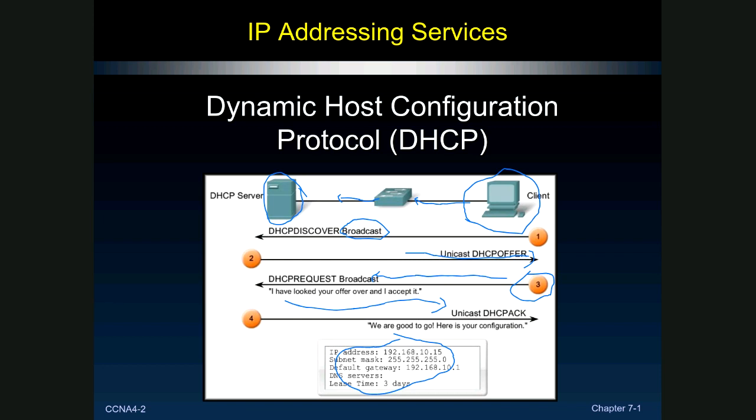He knows who his default gateway is, so he can relay messages to other networks. He knows who his DNS server is, so he can look up web addresses and translate them to IP addresses. And he has some sort of default lease time that he'll keep this IP address before he gives up on it.